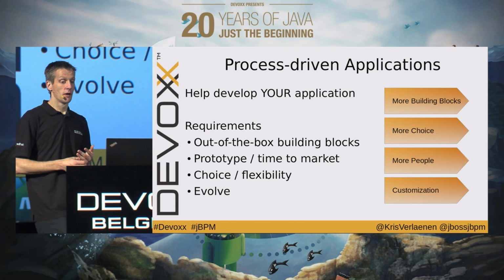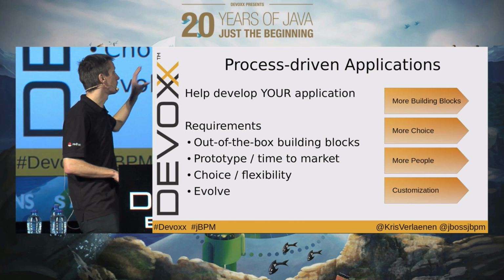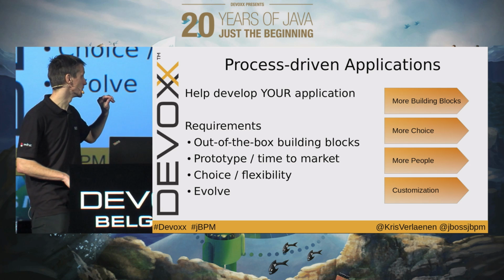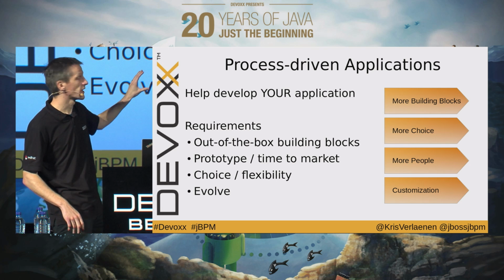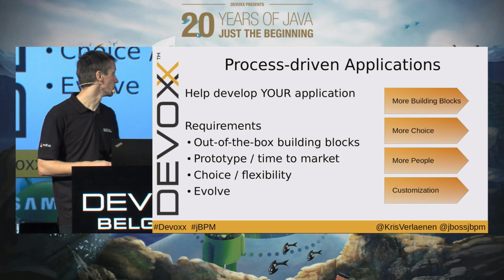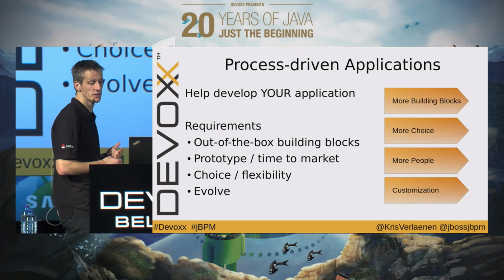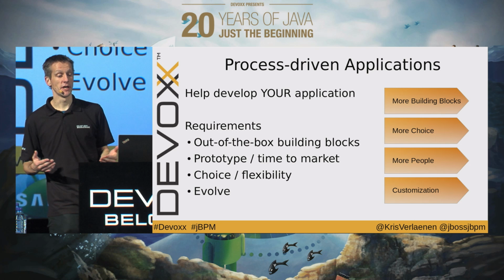So by having more building blocks for you to use, by offering more choice on how you want to use the engine or the tools we have, by trying to get as many people involved as possible, and by giving you the opportunity to customize those tools, we want to help you develop your application.